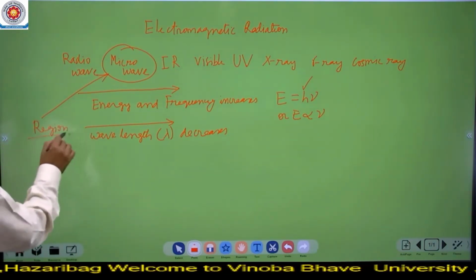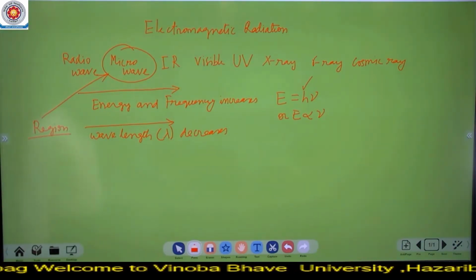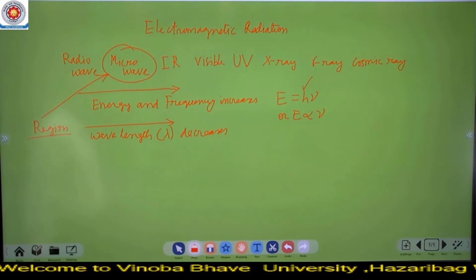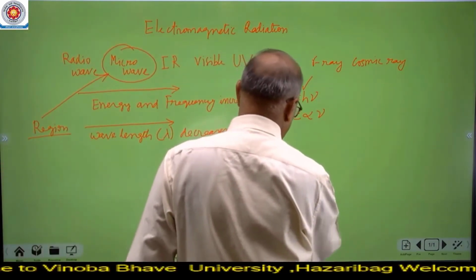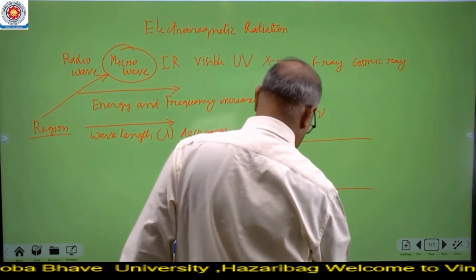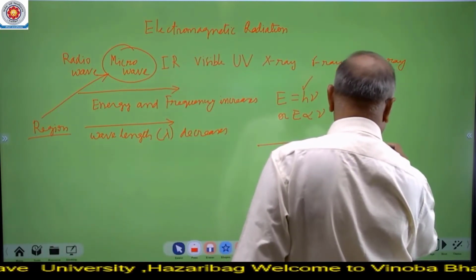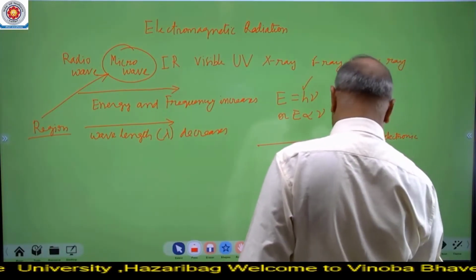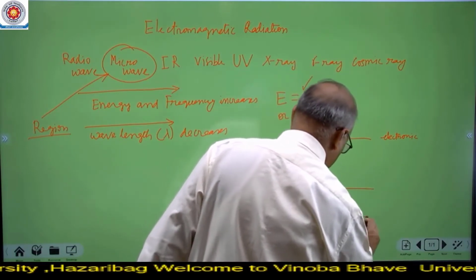When microwave is used, it only brings changes in the rotational energy levels, because there are so many energy levels. If these are the electronic energy levels, then there are some vibrational energy levels.